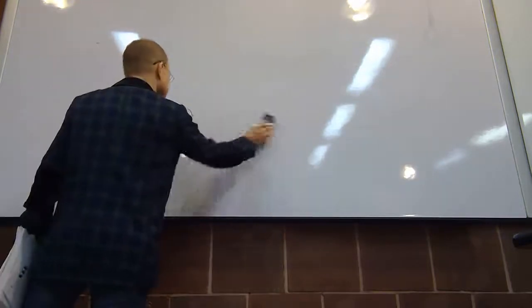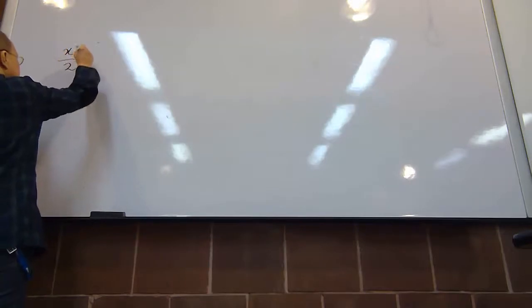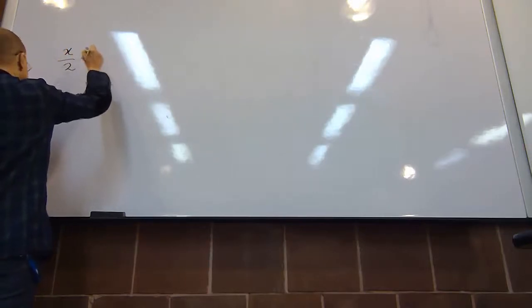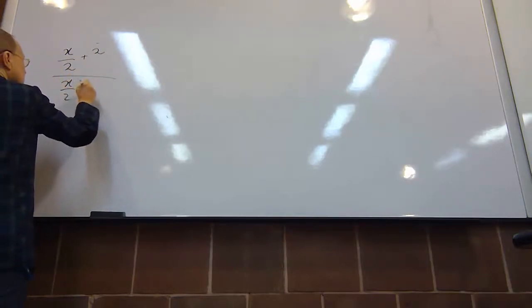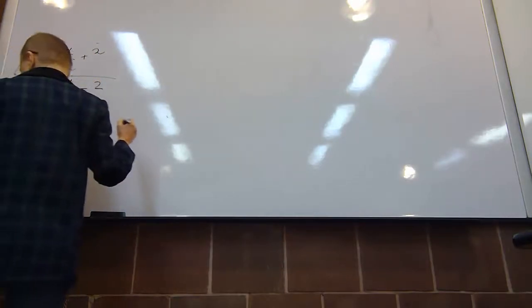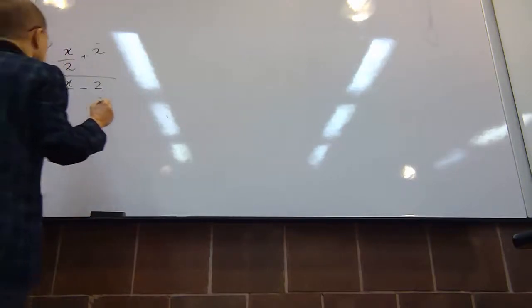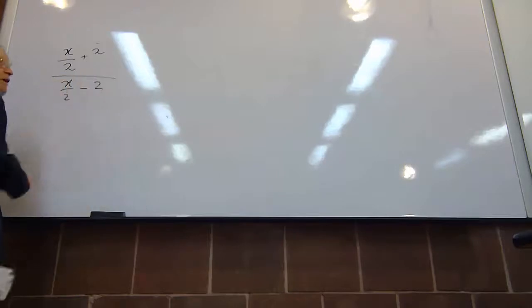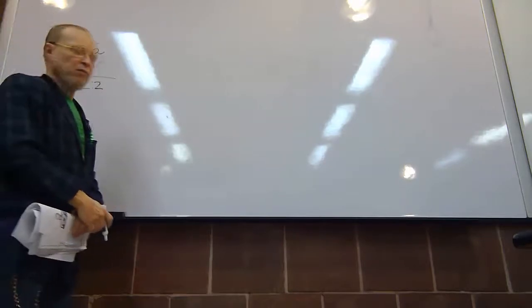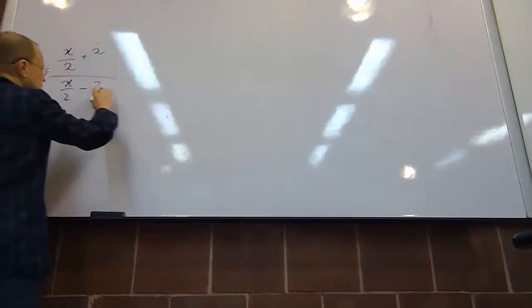So again, I'm going to start off where I started off. And my problem is x over 2 plus 2 divided by x over 2 minus 2. So in order for me to make this into a multiplication problem, I'm going to have to turn this into a fraction.